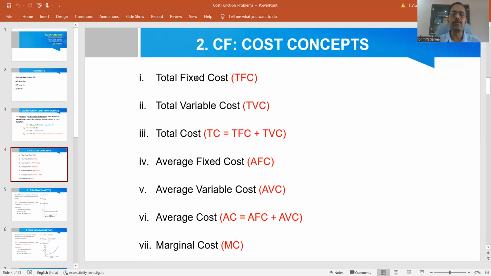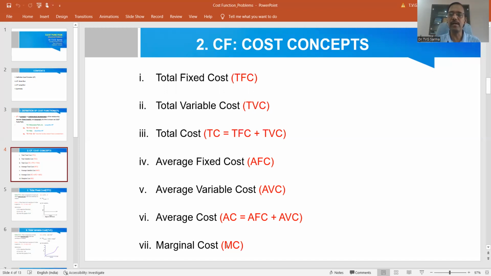They are total fixed cost, TFC; total variable cost, TVC; and the total cost, which is the summation of total fixed cost and total variable cost. Then fourthly, average fixed cost, denoted as AFC; the average variable cost, denoted as AVC; the average cost, AC, which is the summation of average fixed cost and average variable cost; and lastly, the marginal cost.